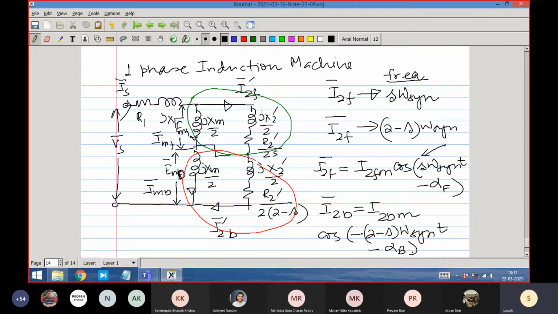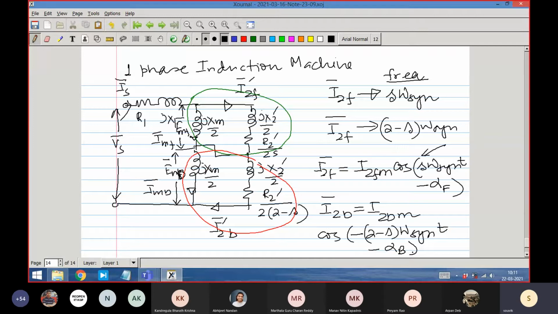But the stator has no feel of that. After transformation, exactly the way that we have done it earlier, everything is scaled by 2 minus S, and when we did the derivation of a three-phase equivalent circuit, in exactly the same way we'll get that the stator has a current frequency which is a reflection of the rotor current.